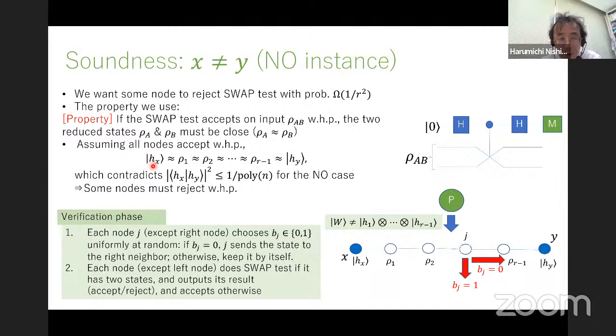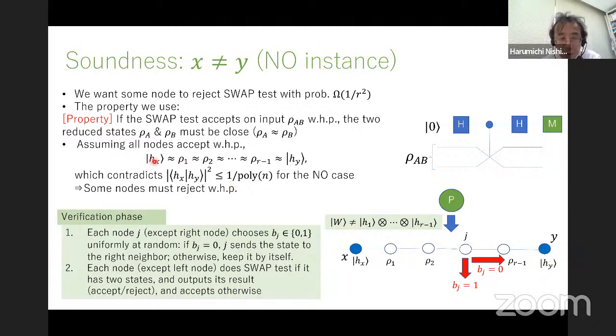Then the leftmost fingerprint is close to rho 1, and rho 1 is close to rho 2, etc., and this reduced state is close to the right node's fingerprint.